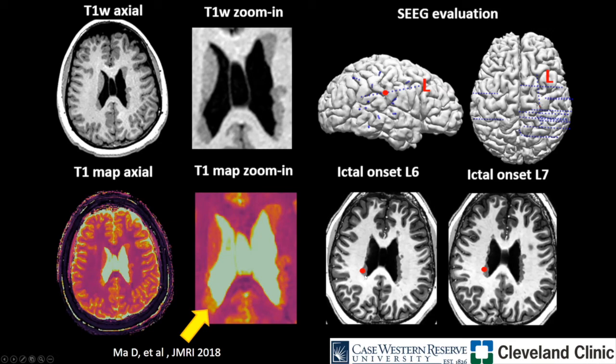This is more of a reference or validation of our MR fingerprinting finding, while this one is more invasive. If we're able to identify the abnormality from a non-invasive imaging technology, that would be great. This patient later had surgery to remove this part of the lesion and has become seizure-free.